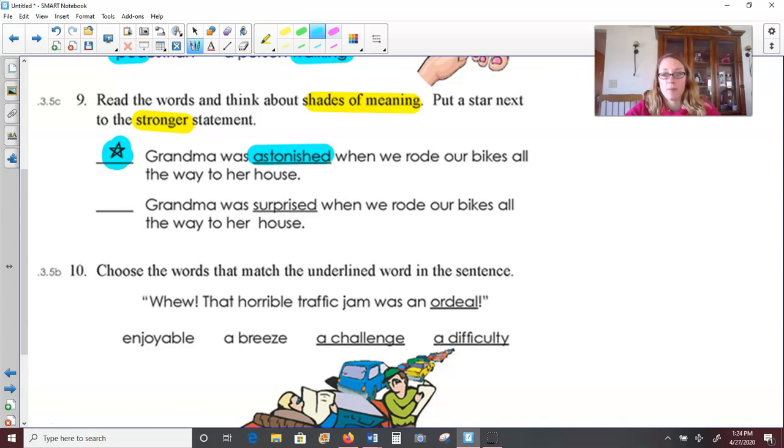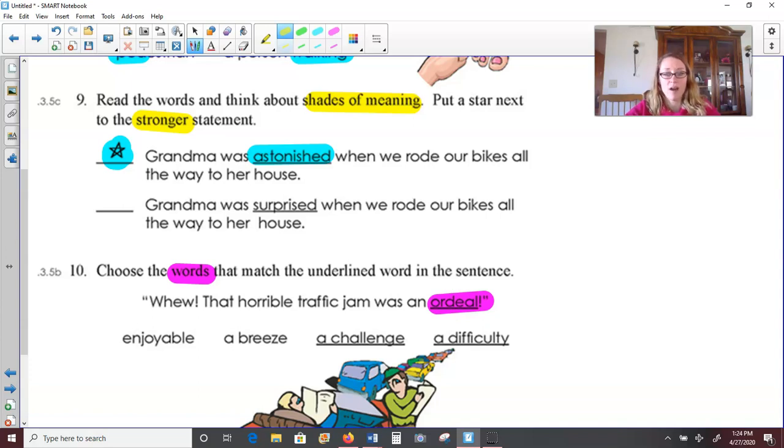All right, and number 10, choose the words that match the underlined word. Choose the words. So there should be more than one answer. Whew, that horrible traffic jam was an ordeal. So what is an ordeal? If there was a horrible traffic jam, would that be enjoyable? Certainly not. Would it be a breeze?